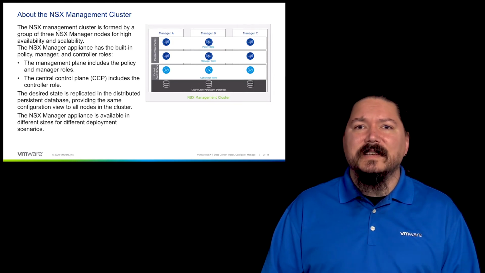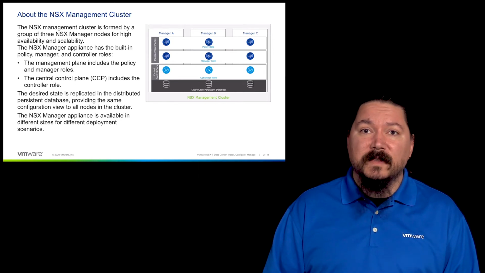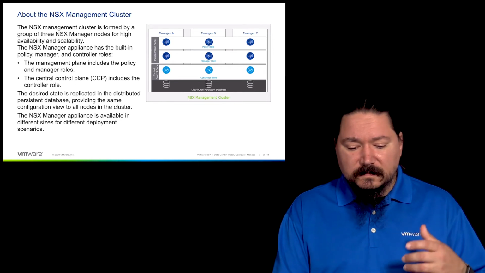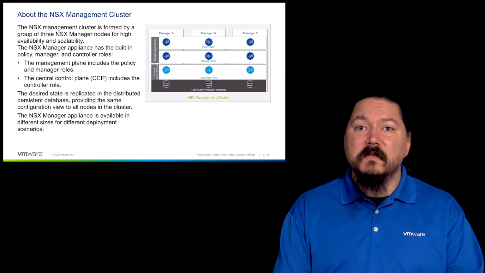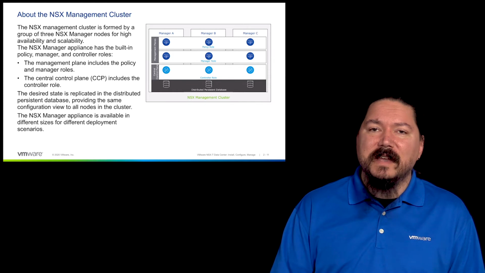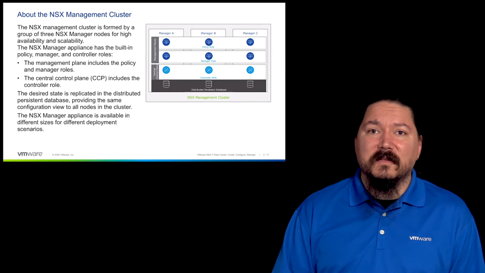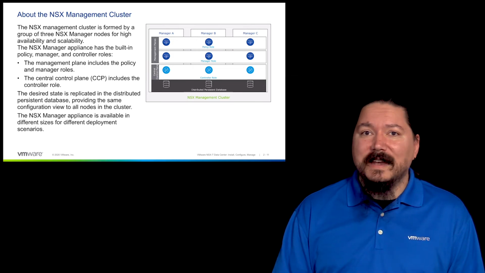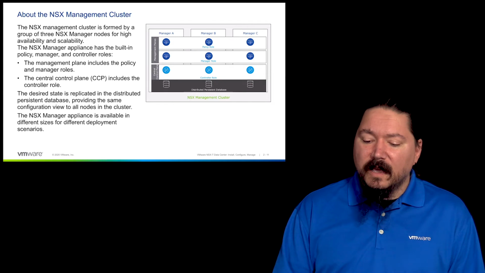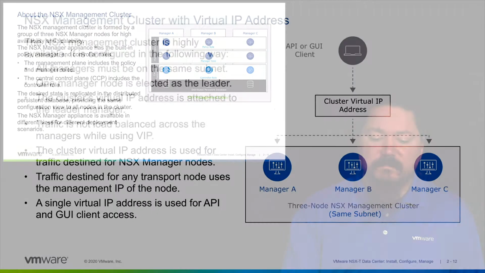All of the state of NSX is really stored in the policy and management roles. So we have these different moving parts inside each of these manager nodes, and each of these roles are clustered across the three manager nodes so that if one manager fails, we're not in any kind of a bad place, right? So that we have our high availability in case of a failure.